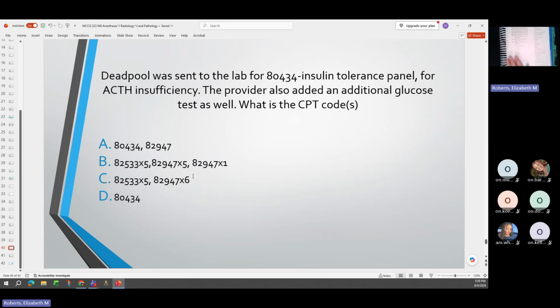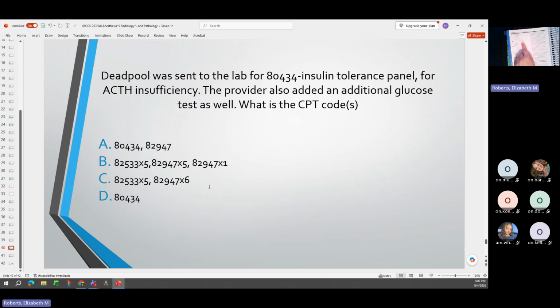So I'm going to look up 80434 first and see if I can exclude that. Okay, so 80434 is an insulin tolerance panel for ACTH insufficiency.